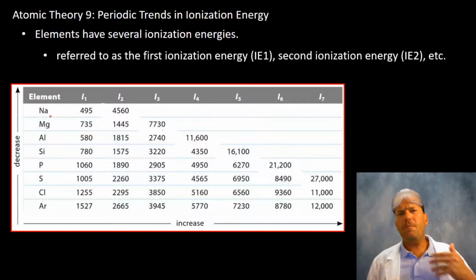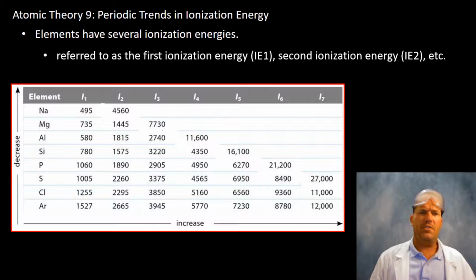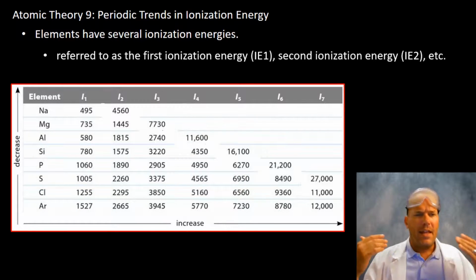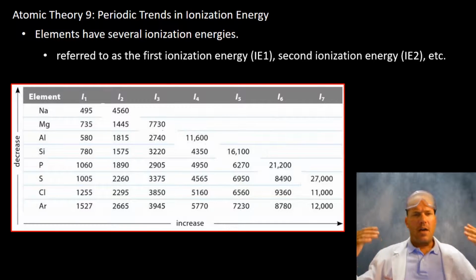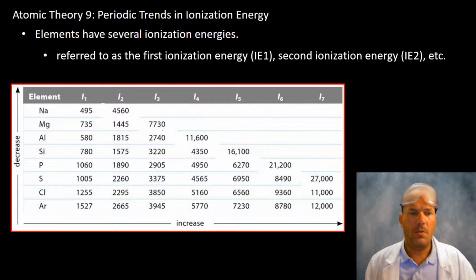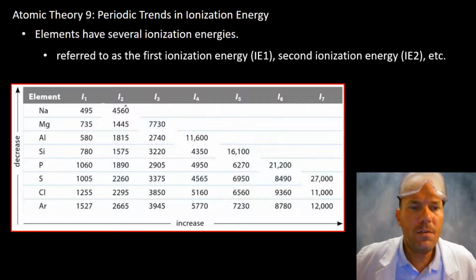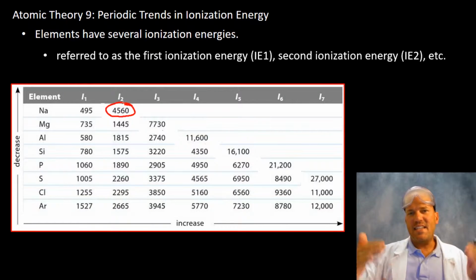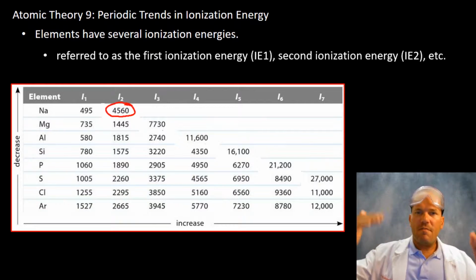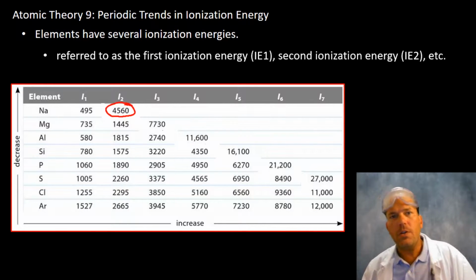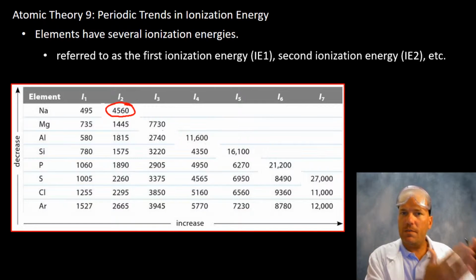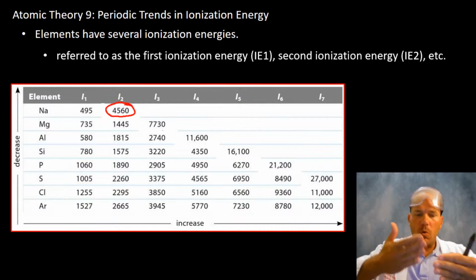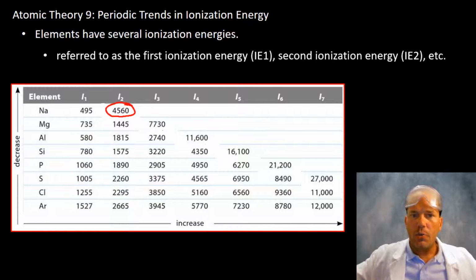For the first ionization energy, there is a value of 495 megajoules per mole. And when we move to the second ionization energy, we see an increase, orders of magnitude larger than the ionization energy for number 1. And you will see that throughout this table, orders of magnitude greater.